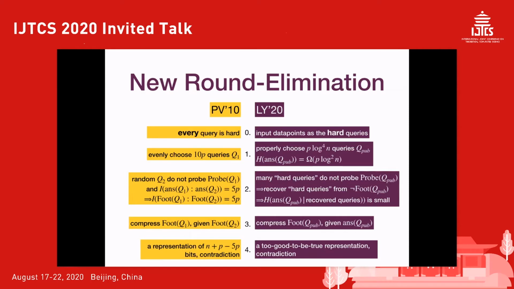It is too expensive to write down hard queries. In order to get over this, we develop a more powerful lemma. We show that for properly chosen queries QPub, if many hard queries do not probe the cells probed by QPub, the cells that are not probed by QPub contain lots of information about the answers of QPub.